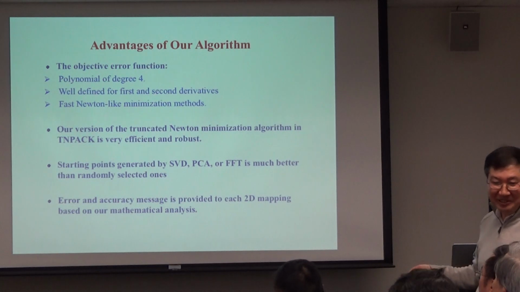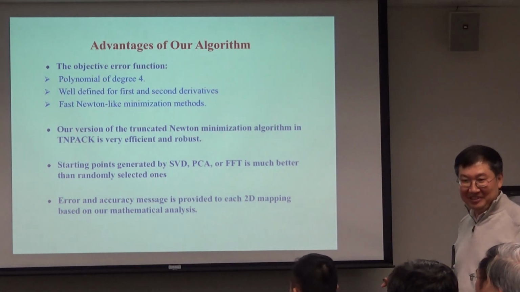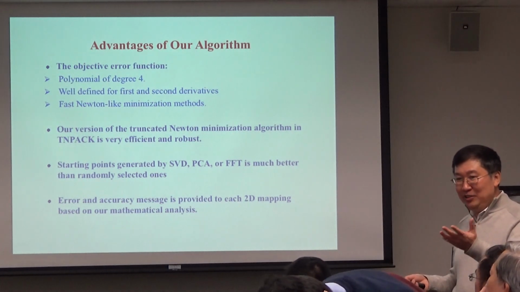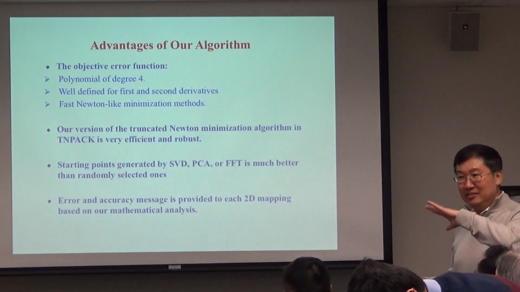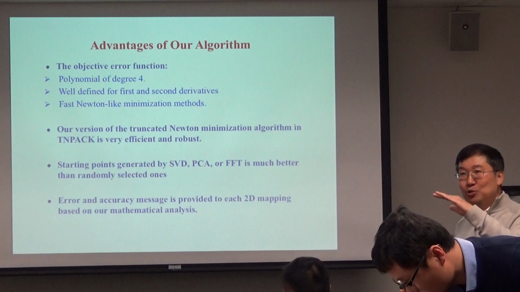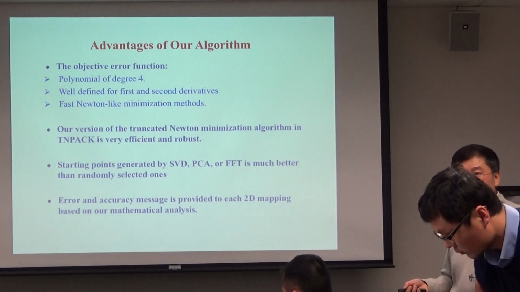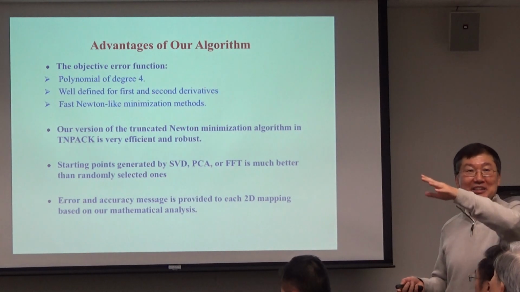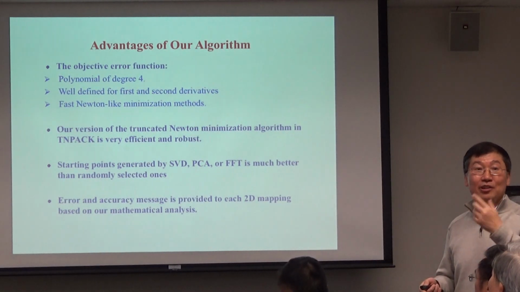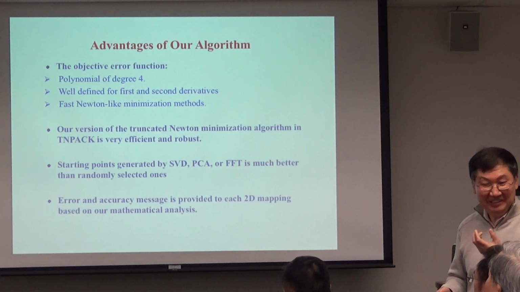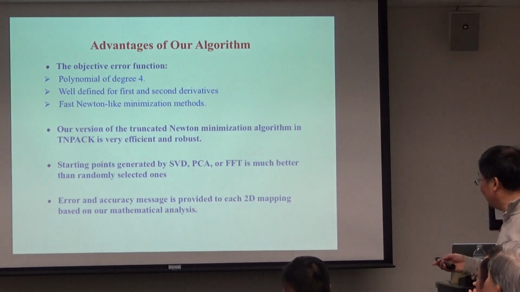We introduce some measurements to work out. In other words, when you carry out the mapping, if your 2D mapping accuracy is too low, you have to go 3D. If 3D is too low, you go to 4D. You gradually go until you get the accuracy you require.